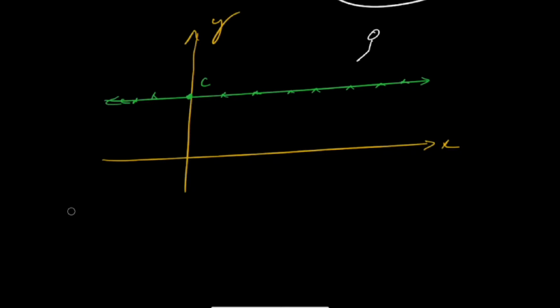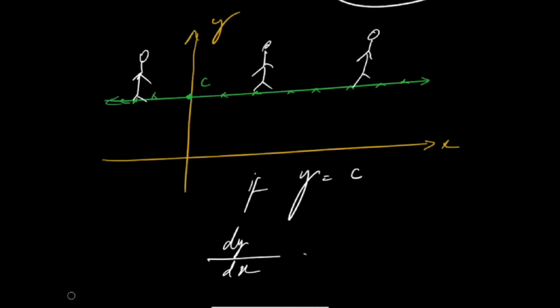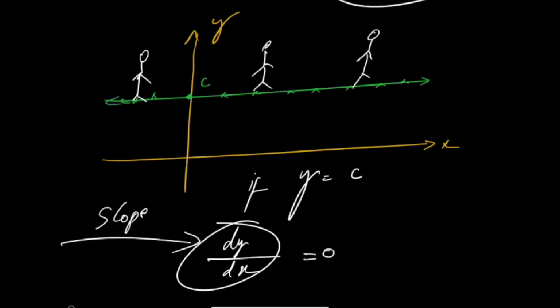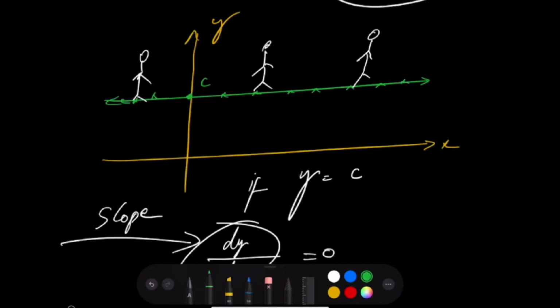Now, no matter where you stand on this line, this line is anyway horizontal, right? So, slope is 0 everywhere. That's why if y equals a constant, dy by dx is 0. This is what? Slope. Slope is 0. Or you can look at it in another way.